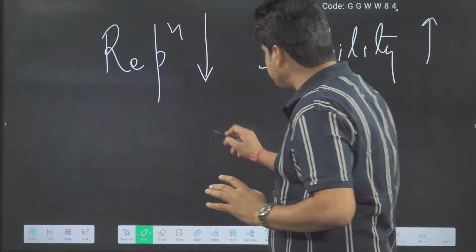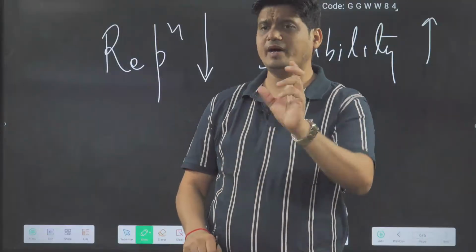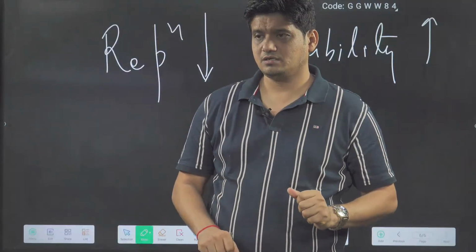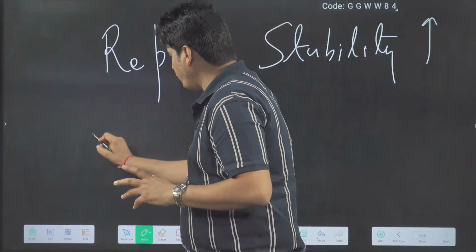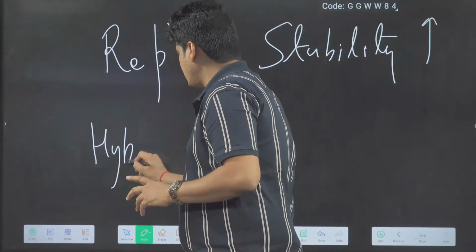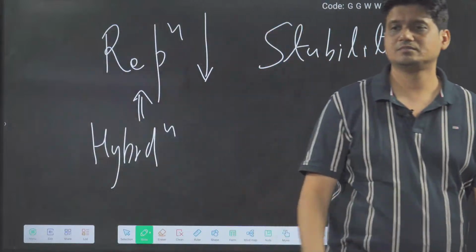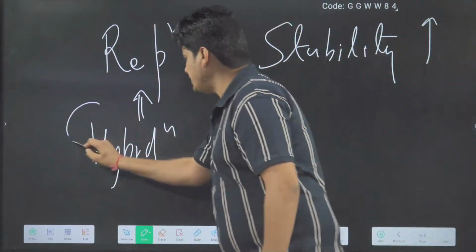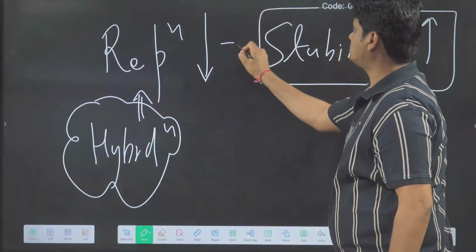So hybridization is actually minimizing the repulsion. How it is minimizing, that also we'll discuss. Okay. So what is hybridization doing? Hybridization is minimizing the repulsion, and by minimizing the repulsion, it is increasing the stability of molecules.